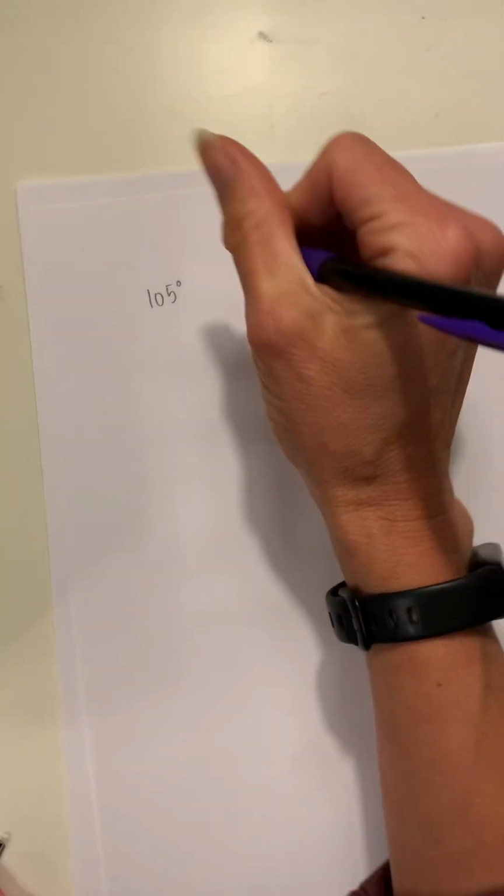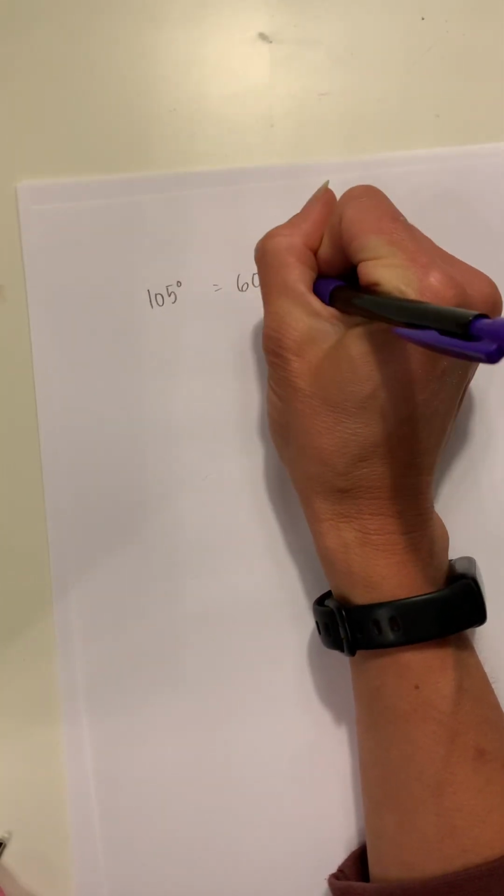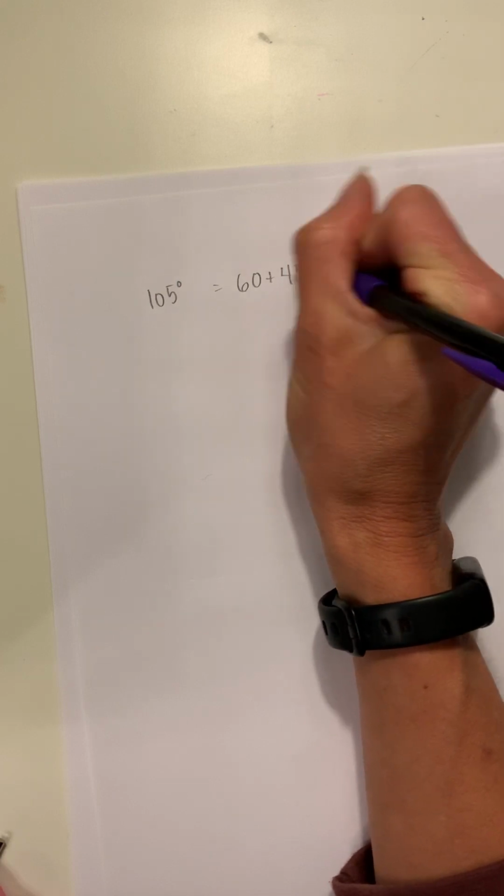A 60 plus a 45, right? So we're just going to do those two examples that we just did, how to create a 60 and how to create a 45, right beside each other. And when those add together, they're going to equal a 105.